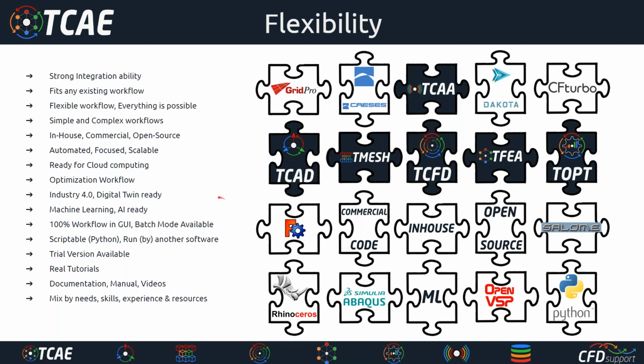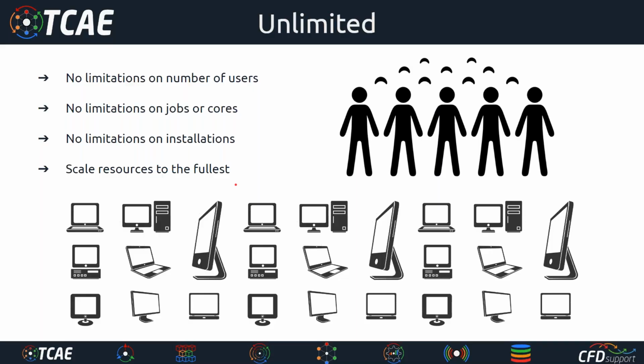So it's extremely flexible. It's unlimited, so the business strategy is to provide no limitations at all. There are no limitations on number of users, cores, sessions, jobs, hardware installations. So you can be sure that the users can use their resources to the fullest.